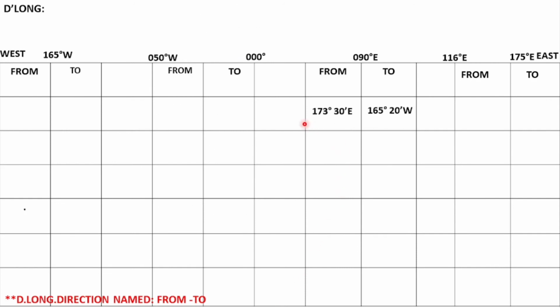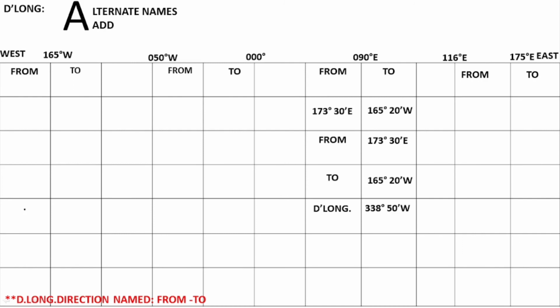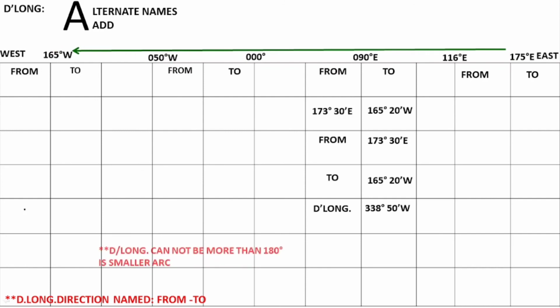Now these are alternate names. You add. So I'm going from 173 east, I'm coming to 165 degrees west. The D.LONG has to be west. Added, west. But we just talked about it, that D.LONG can never be more than 180. So this is what I started from here. I went like this. So it cannot be more than 180.